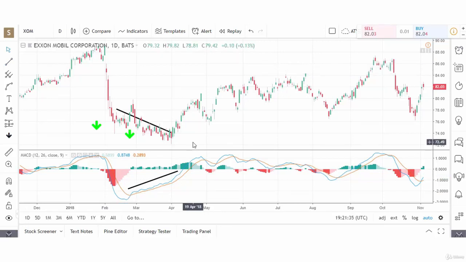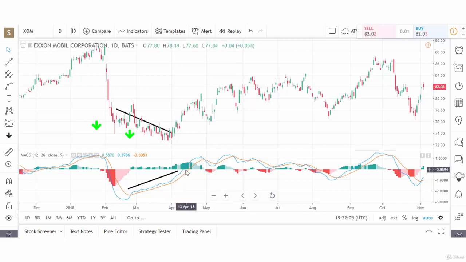So this is a bullish divergence in the MACD. We have the price of ExxonMobil dropping and the MACD rising. So this should tell us, if we're short the stock, to tighten our stops and possibly look for an exit of our short and prepare to go long.